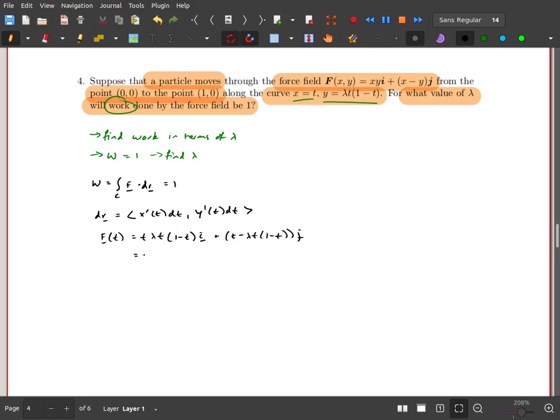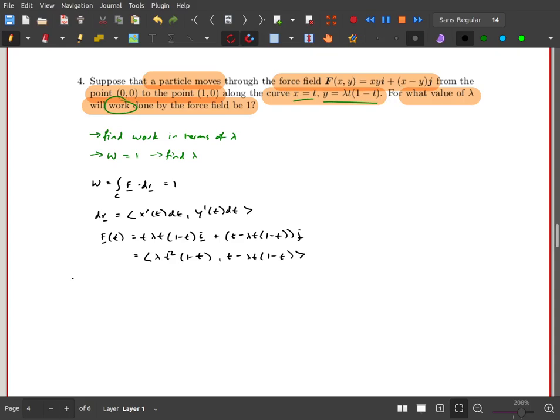I'm just going to write this in vector notation: lambda t squared times 1 minus t, then t minus lambda t times 1 minus t. So that's F, and that's dr.